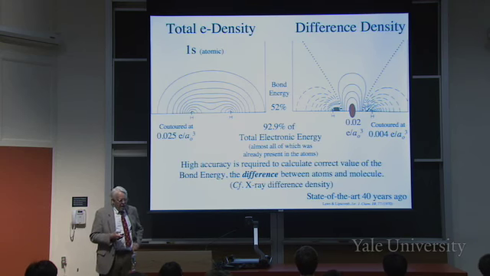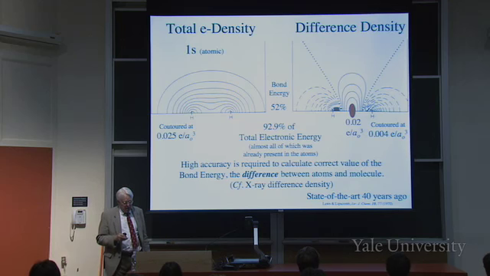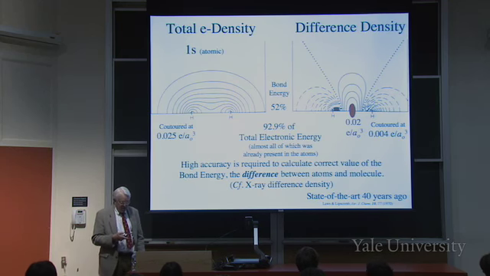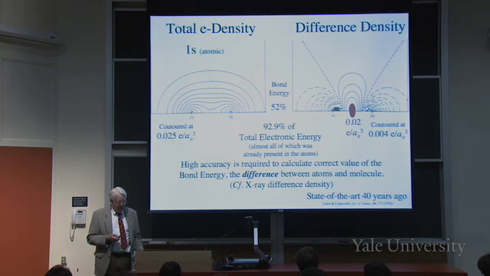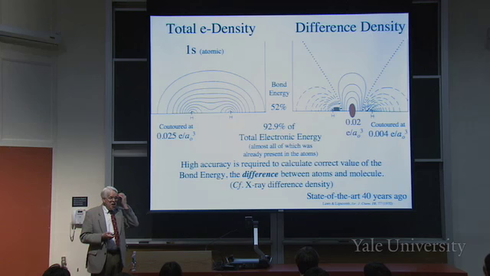Okay, so high accuracy is required to calculate a correct value of the bond energy. This simple thing won't do it. Well, it's in the right direction. You're halfway there, so it's a pretty good start, right? But to do the difference, in the same way you needed high precision to do X-ray difference maps, you need better orbitals than this if you want to calculate good bond energies. So you need to make the orbitals better, okay?